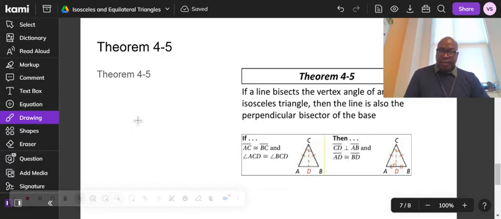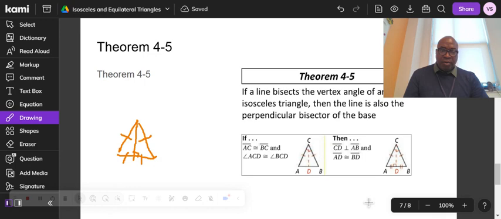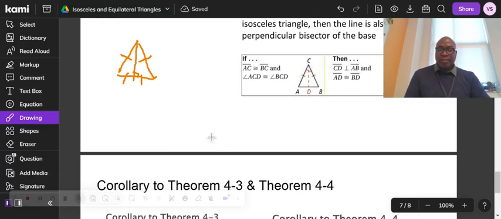It means that if I have a triangle like this, and I say this is equal to that, and this is isosceles, if a line bisects, it means it cuts this vertex angle in half, it means this will be equal to that, and this would be at a right angle, which means this line here is going to be the perpendicular bisector of the base, right? So just like it says here, CD is going to be a perpendicular bisector of the base AB. And that is what that theorem is saying.